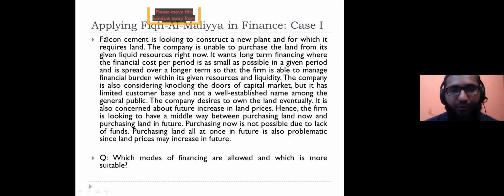But the suitable mode of financing would take into account the financial and economic circumstances of the counterparties involved as well. Here we see that the company wants long-term financing, so lease-based modes of financing are more appropriate.